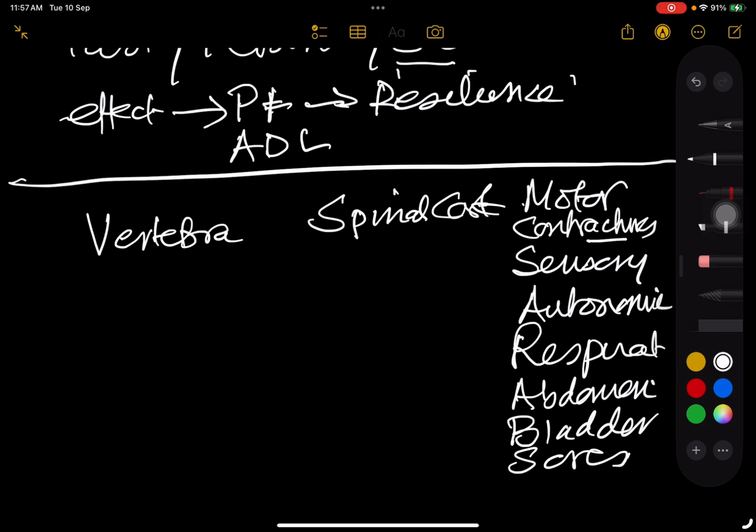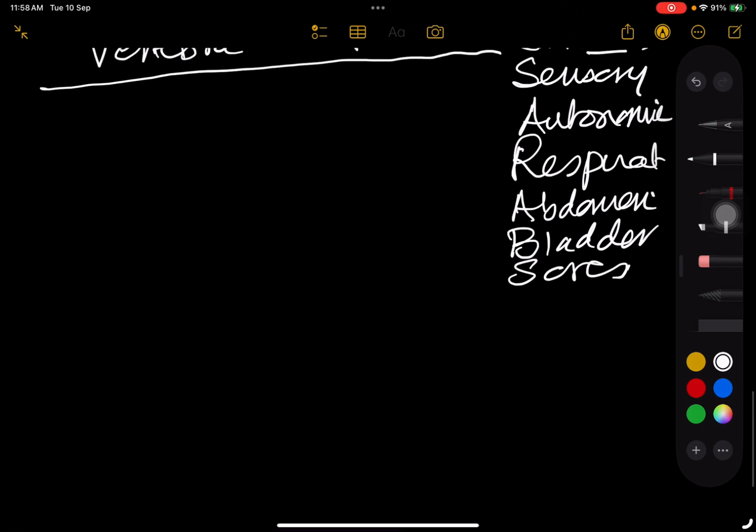So you have to basically find out till what extent the spinal vertebral involvement has caused its effects. Alright? And this of course also affects function, mainly the locomotor function.